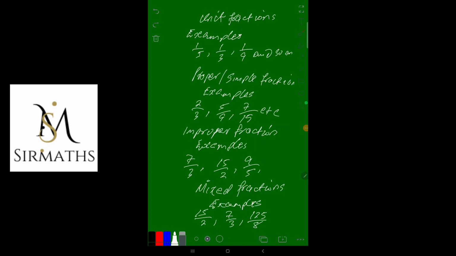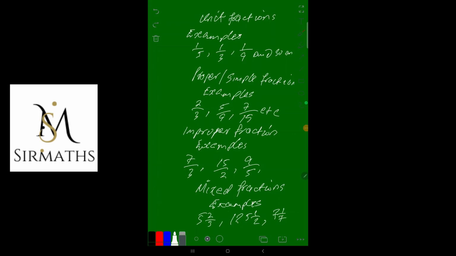The examples here should be 5 whole number 2 over 3, 125 1 over 2, 7 whole number 1 over 7.